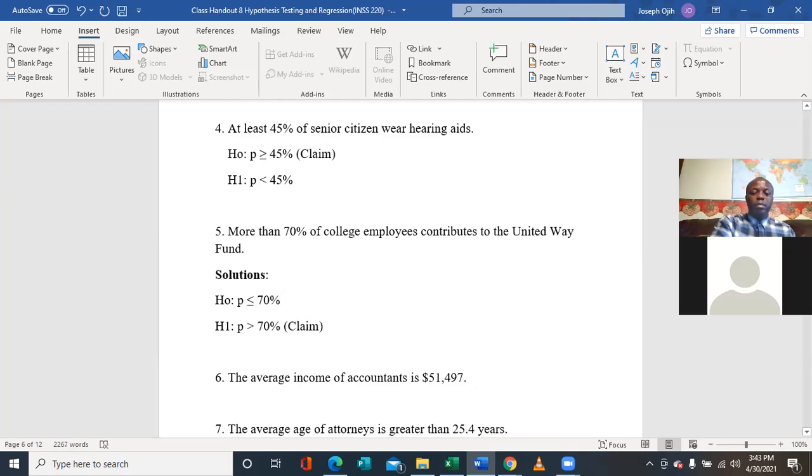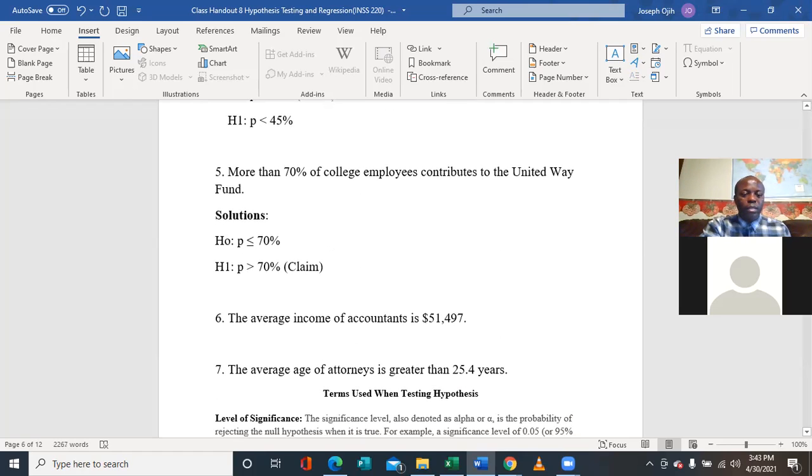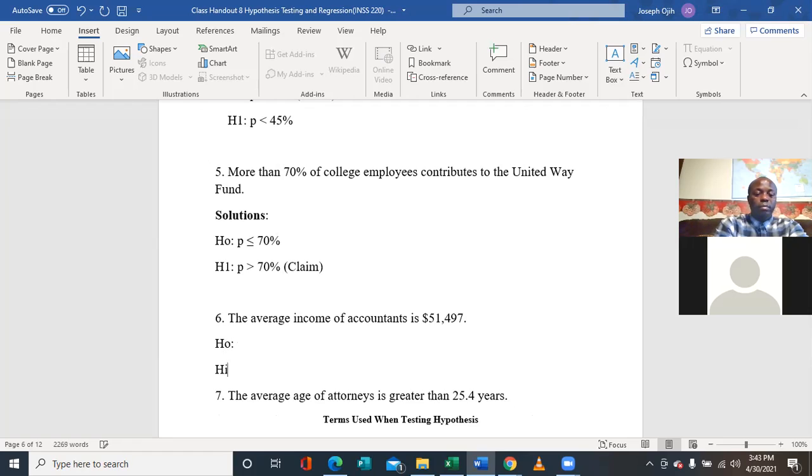Next one is number 6. Number 6 says the average income of accountants is $51,097 per year. So you have H0 and H1.